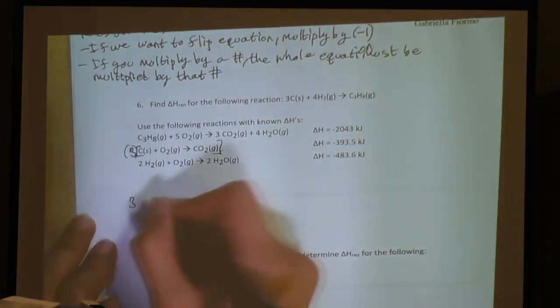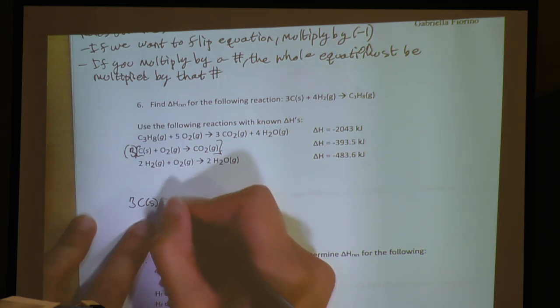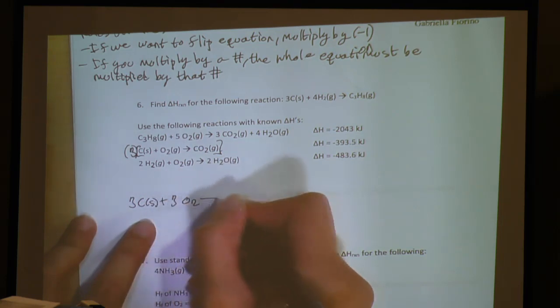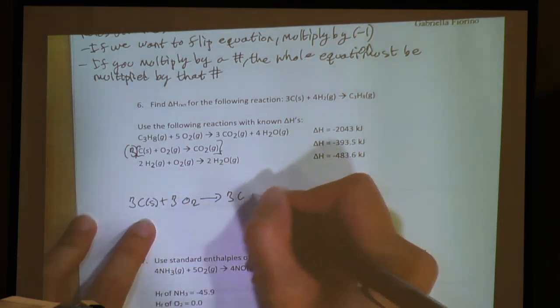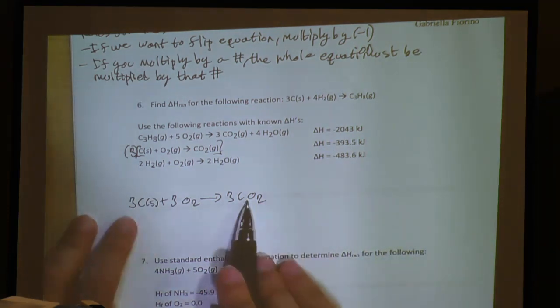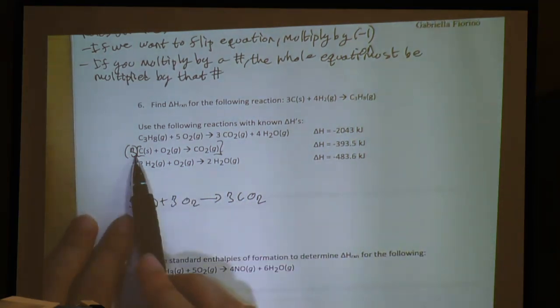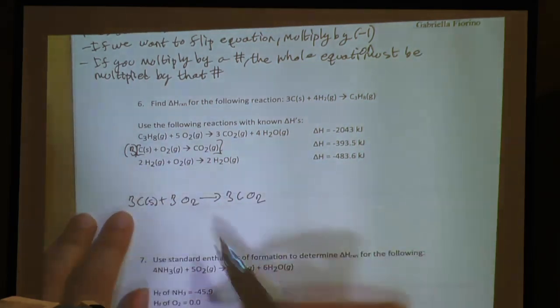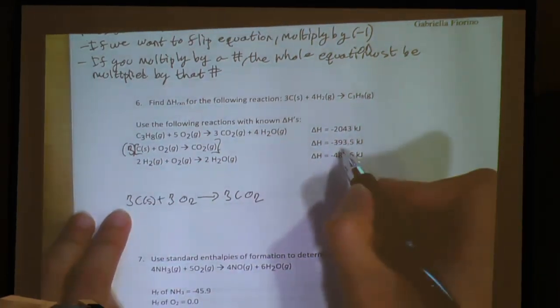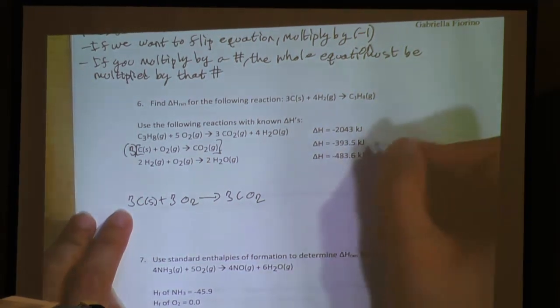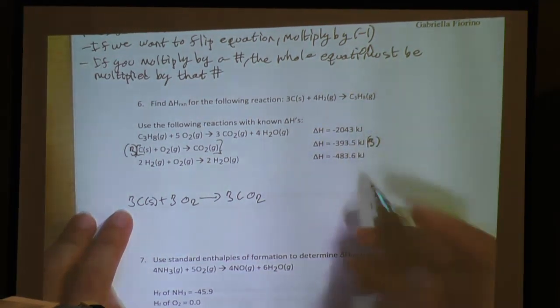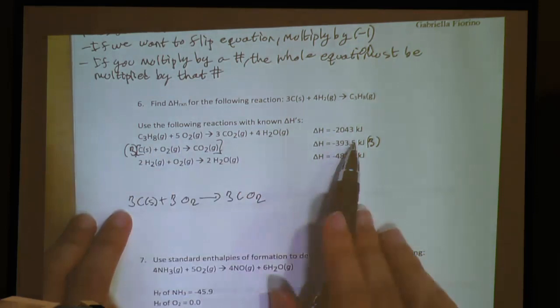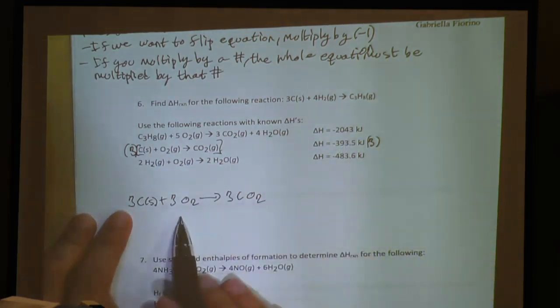So we have 3C plus 3O2 makes 3CO2. We want the carbon to have 3, but that means we have to multiply the entire equation by 3. Also, we have to multiply our delta H by 3. Whatever you multiply your equations by, you also have to do to your delta H.